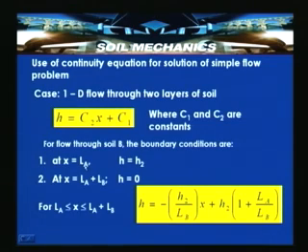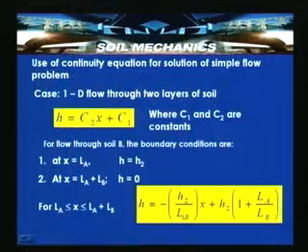For flow through soil B, the boundary conditions are: at x is equal to LA, H is equal to H2. So, at the end of x equal to LA, the head is H2, and at x is equal to LA plus LB, that is the entire length from left hand side to right hand side, H is equal to H0.